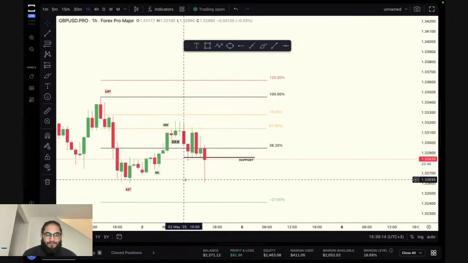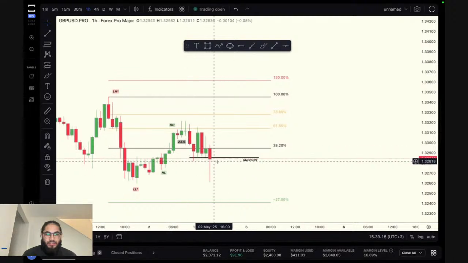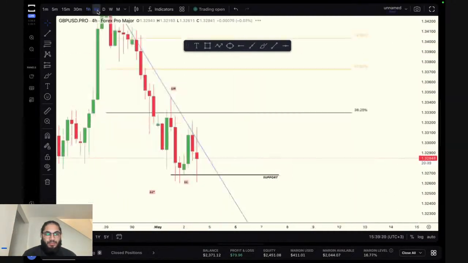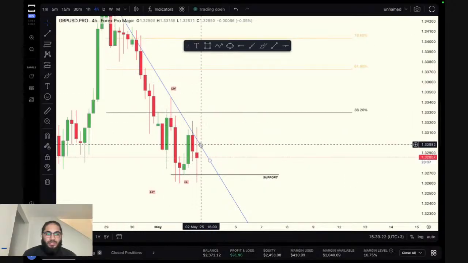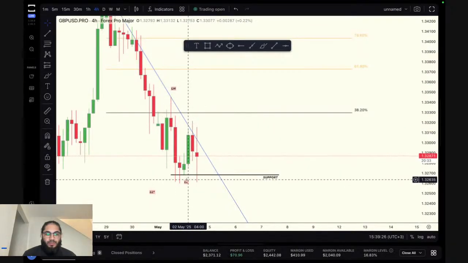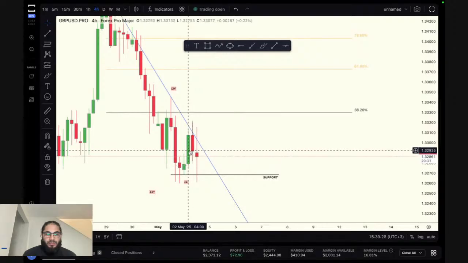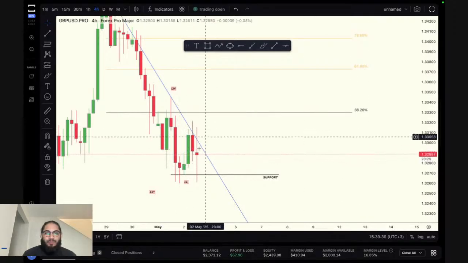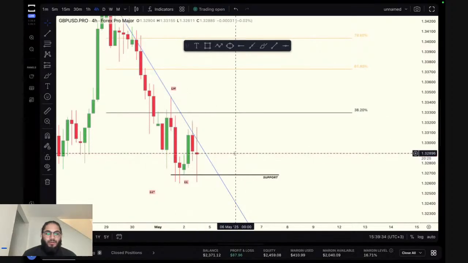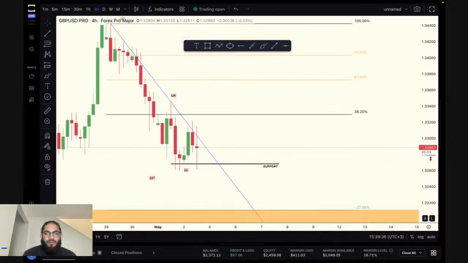Ideally, I'd be more into the sell. For a buy opportunity, it's pretty much the same thing: a closure above here. We need this lower high point, lower low point. So even for a buy, I would need a closure up here just to tell me that buyers are in play.